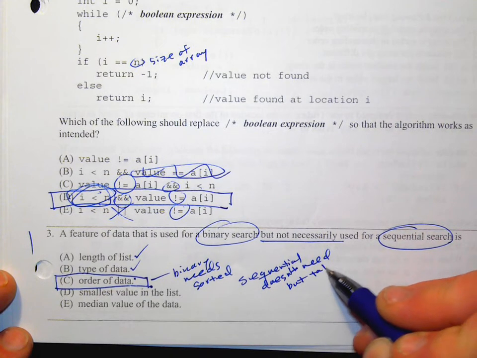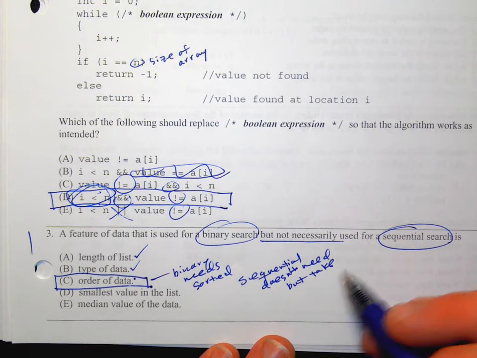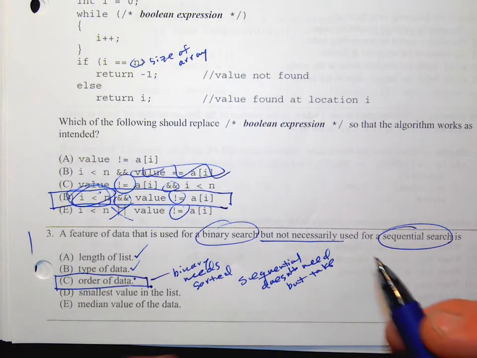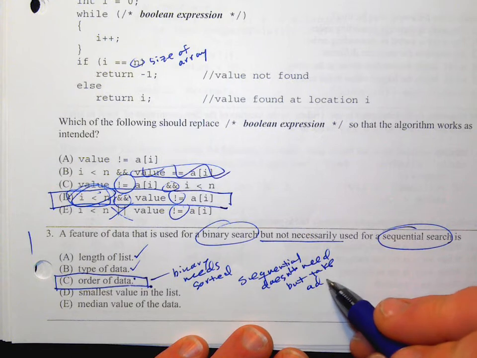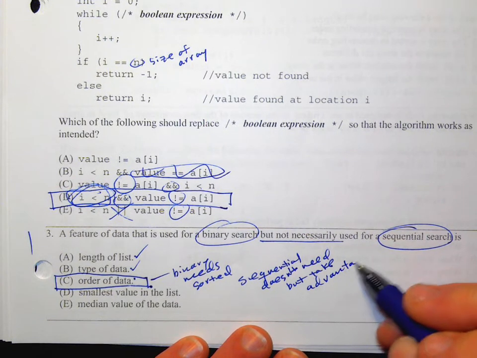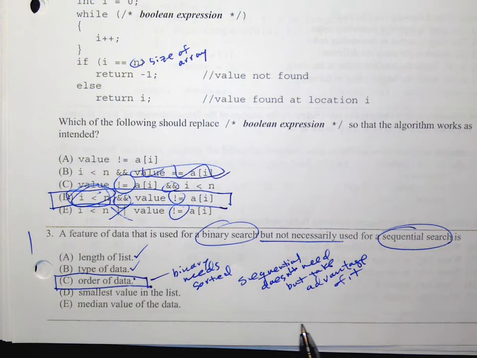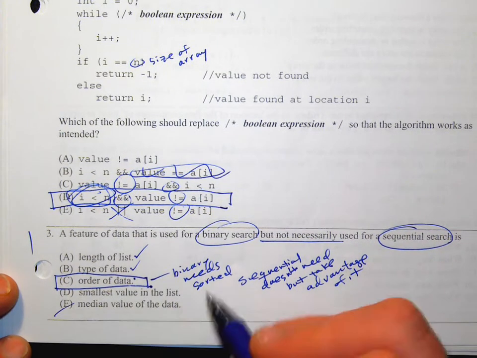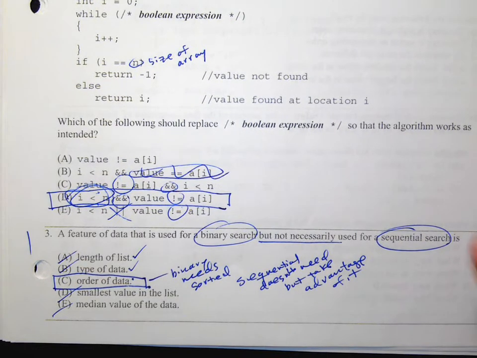If we know it's in order and you're doing sequential and you didn't find it and you're at the next one that's larger, then you could just stop your search without searching through the whole thing. So sequential can take advantage of it, but doesn't need it. Median value of the data, no. Smallest value, no. So there we go.